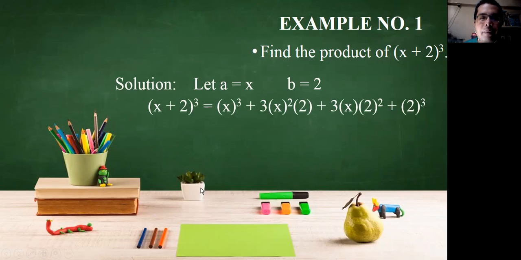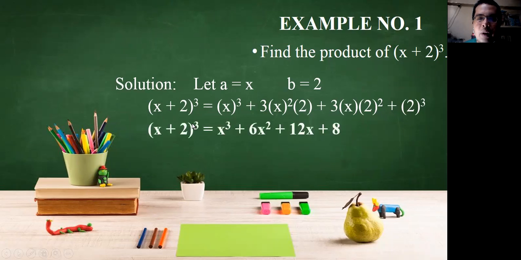So (x plus 2) cubed is equal to x cubed plus 3 multiplied by x squared multiplied by 2 plus 3 multiplied by x multiplied by 2 squared, plus 2 cubed. After solving, your expression will be x cubed plus 6x squared plus 12x plus 8.